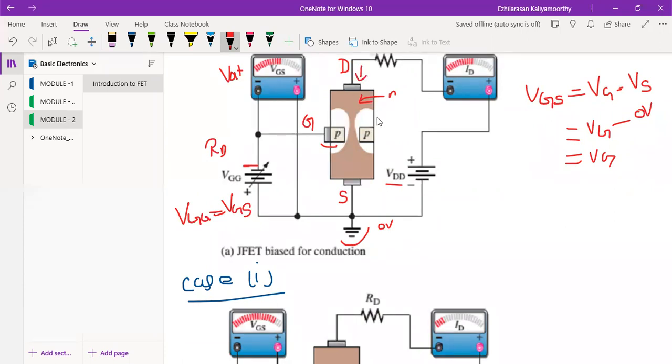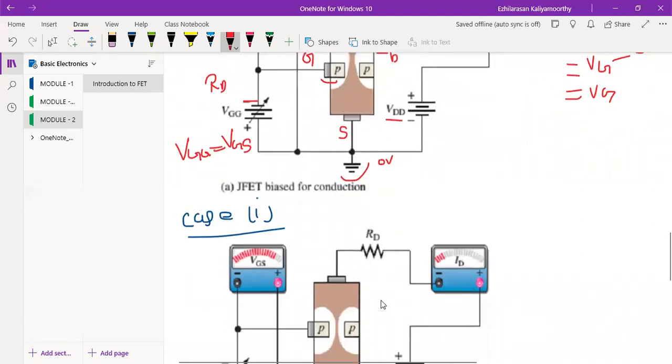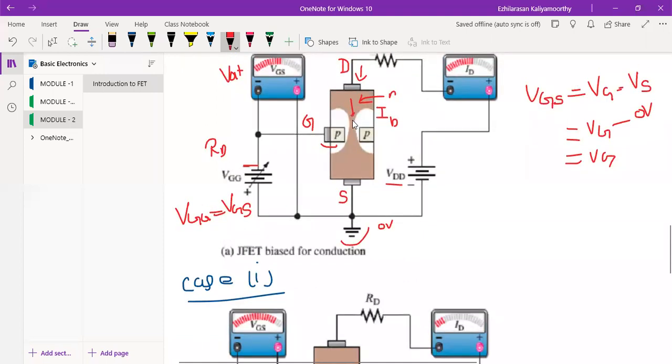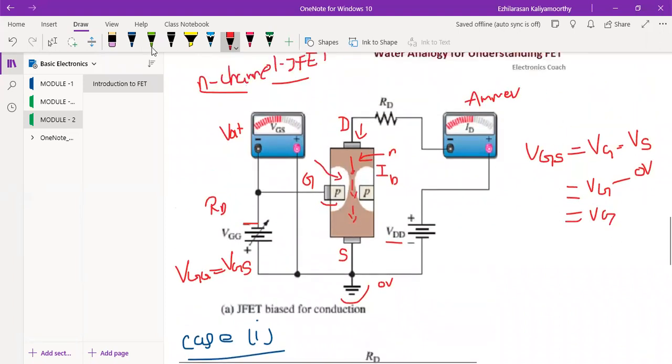That current only I can call the ID current, the drain current. The current will flow through the channel. Here we can see the white color. This portion is nothing but a depletion region.